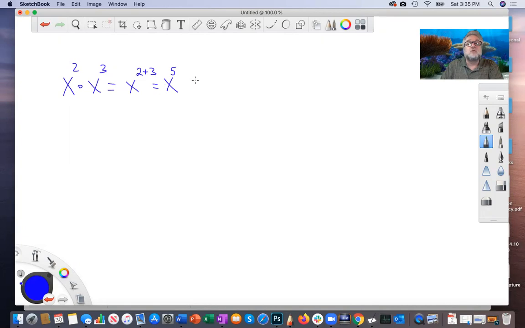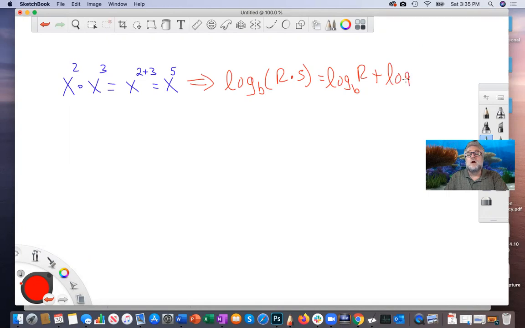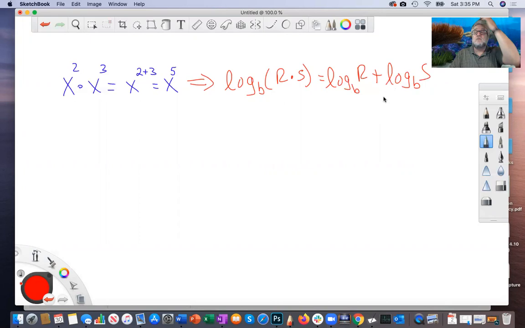And this is similar to logarithms, in that if we have log base b of two numbers, r times s, then we can write this as log base b of r plus log base b of s.